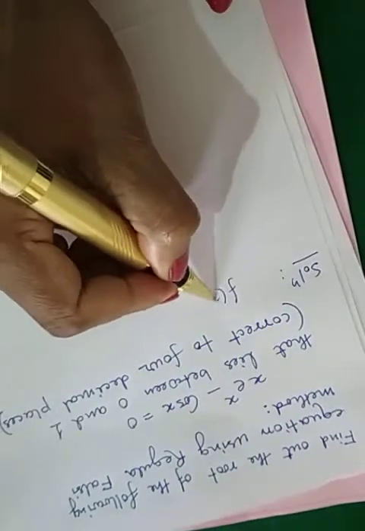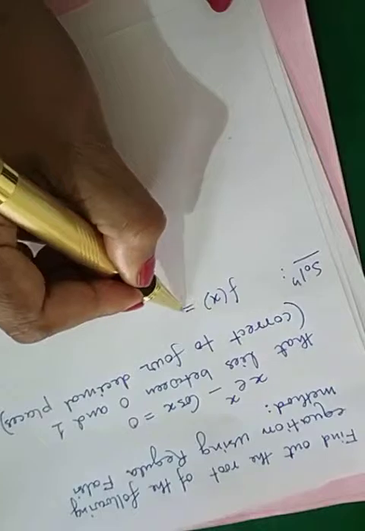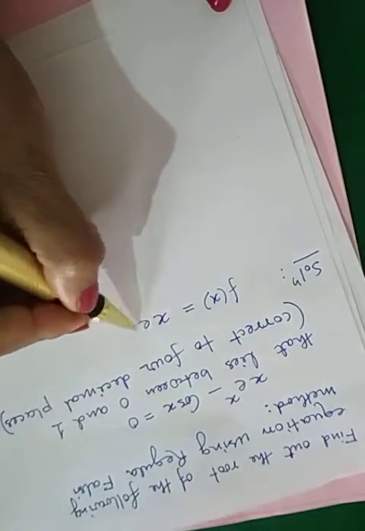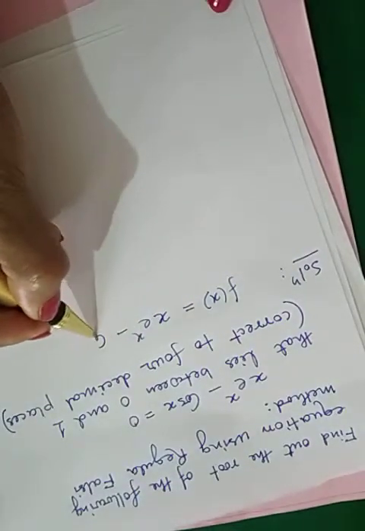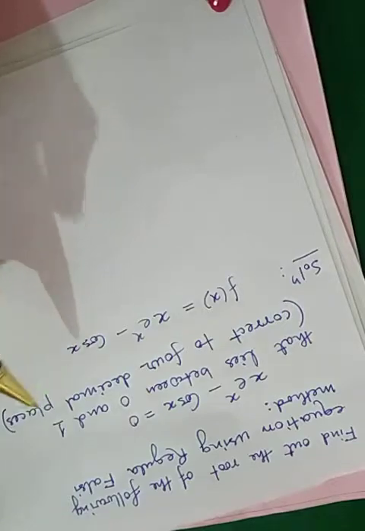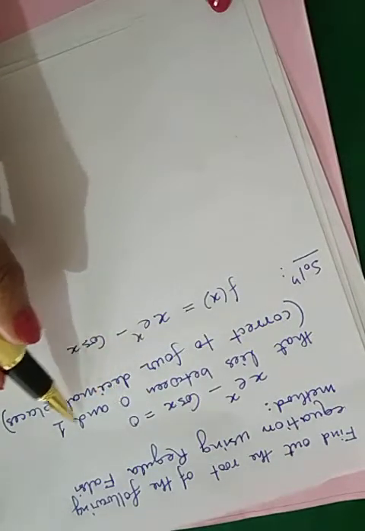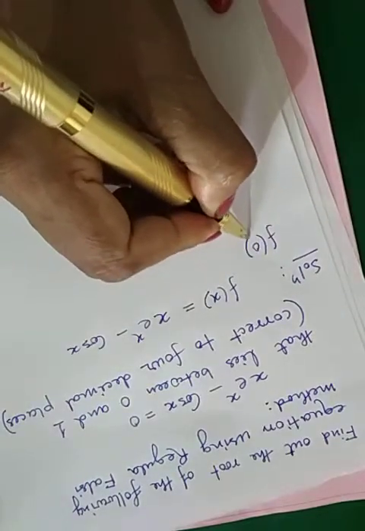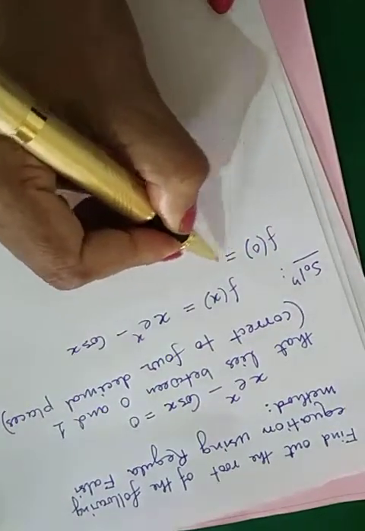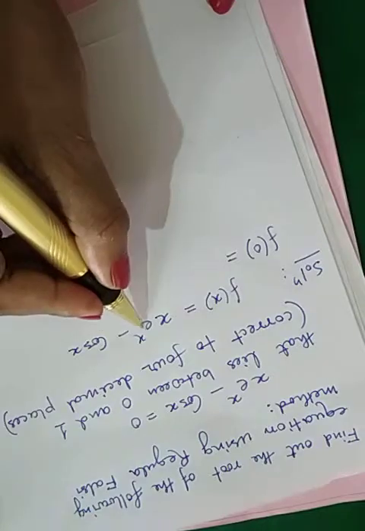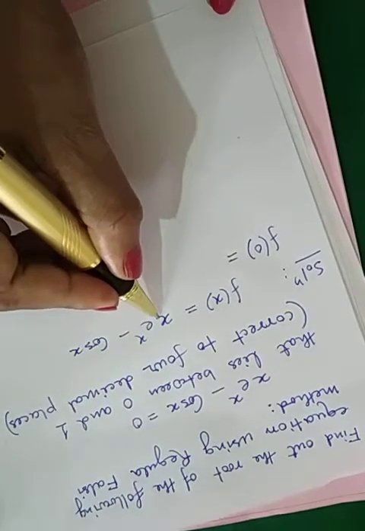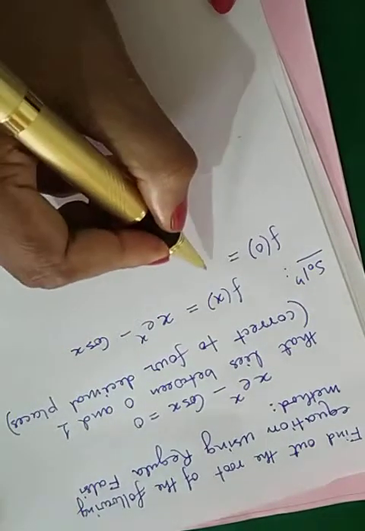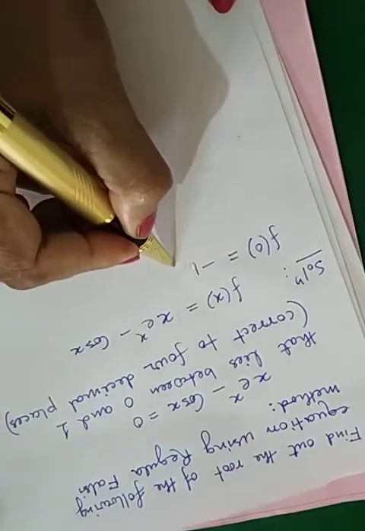The function given is f(x) = x e to the power x minus cos x, and the interval given is between 0 and 1. So let us see what is the functional value at 0. 0 e to the power 0 is 1, 0 into 1 is 0, minus cos 0, that is minus 1.